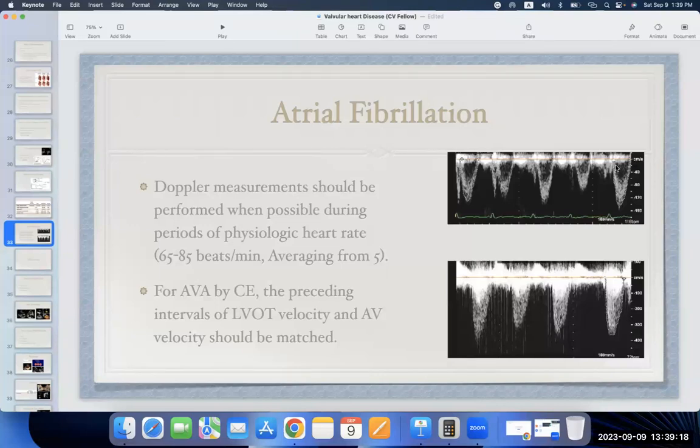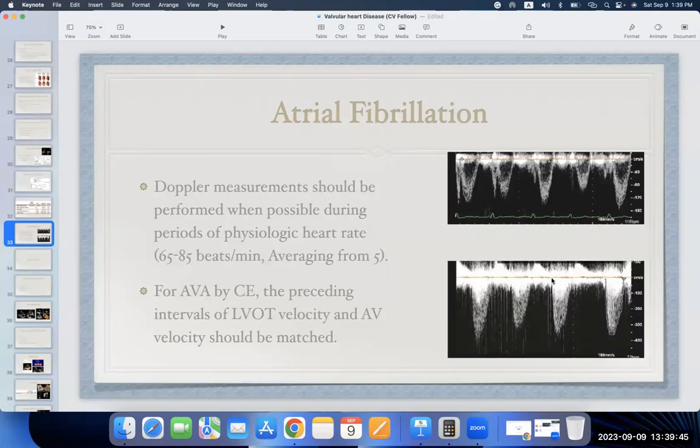If you want to calculate the aortic valve area in a patient with atrial fibrillation, you have 2 options. Either you average the LVOT VTI and average the aortic valve VTI and calculate the aortic valve area, or you can just match the preceding interval. For example, let's say I want to use this aortic valve VTI.